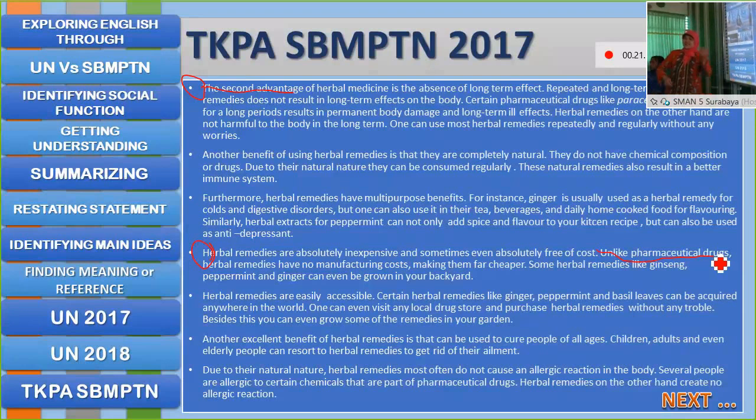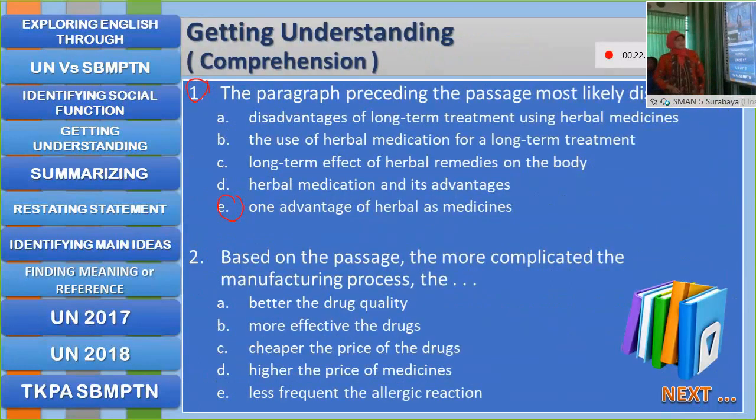It means when it is now asking the manufacturing of pharmaceutical drugs, the higher the manufacturer, what will happen to the drug? Yeah. The more complicated the manufacturing process, the higher the price of the medicine, yes.